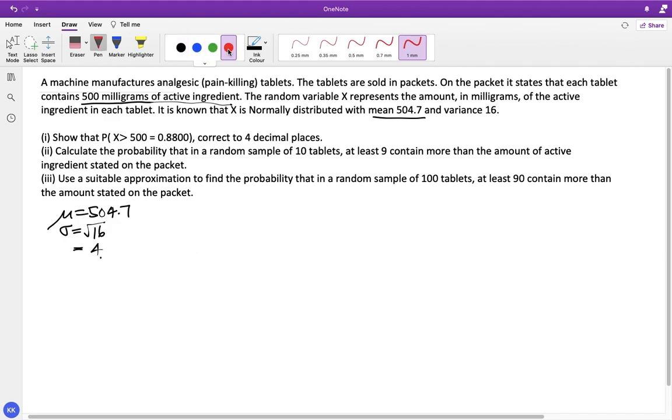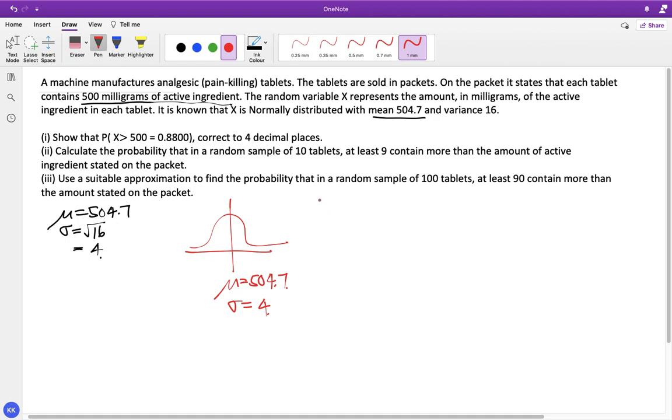If I draw that bell curve, mu is 504.7 and standard deviation is 4. So from there we can find out whether the probability greater than 500 is 0.8800.